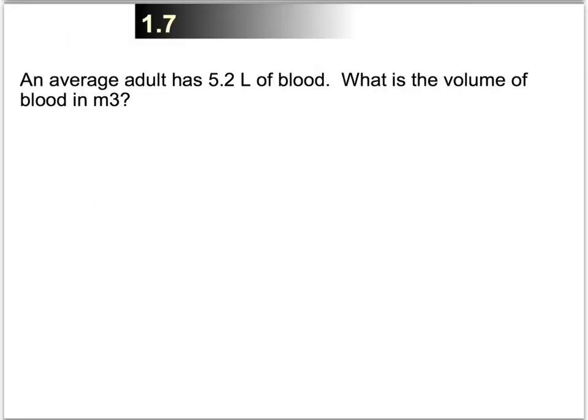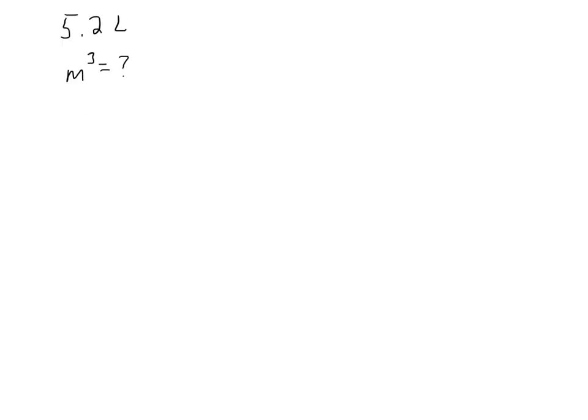Moving on to a slightly more difficult problem is example 1.7. An average adult has 5.2 liters of blood. What is the volume of blood in cubic meters, meters cubed? So stating what I know, 5.2 liters is the volume. I want to find cubic meters. That is my unknown.